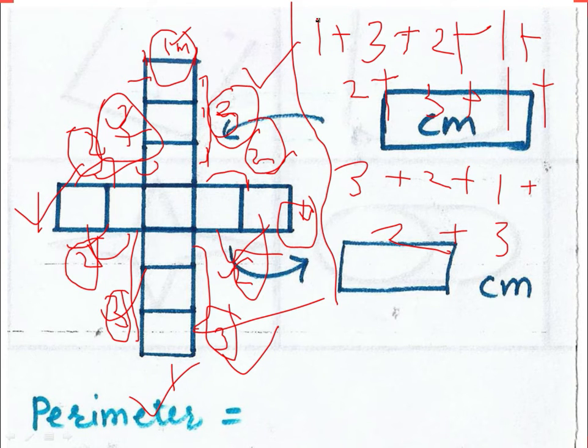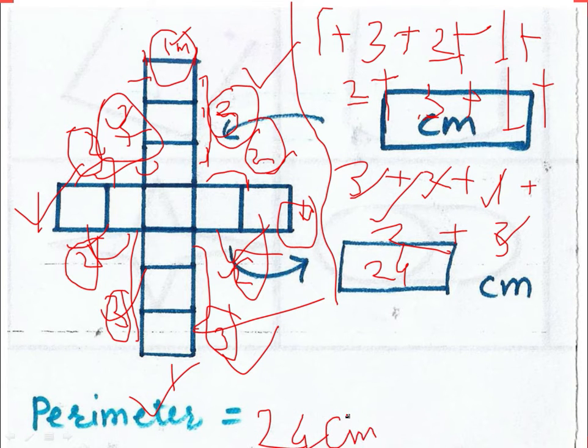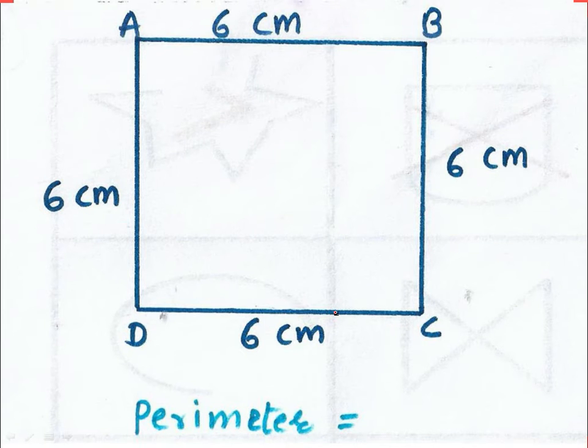After adding you will get 24. So what is this 24? 24 is nothing but the perimeter of this shape, 24 centimeter.